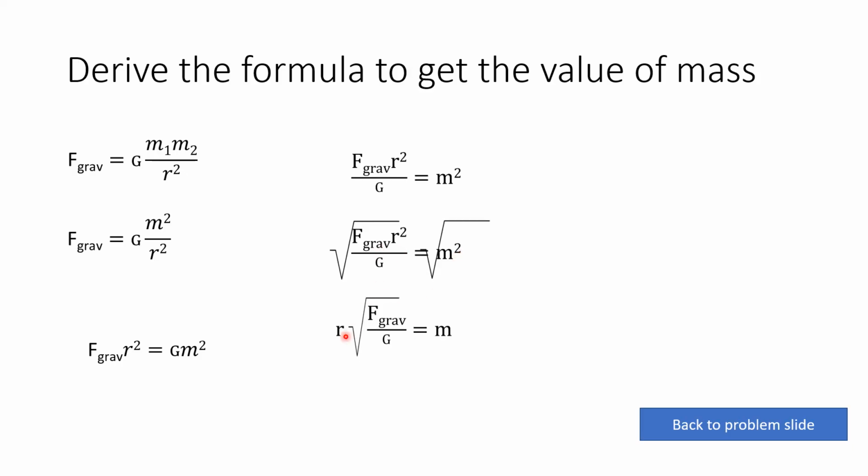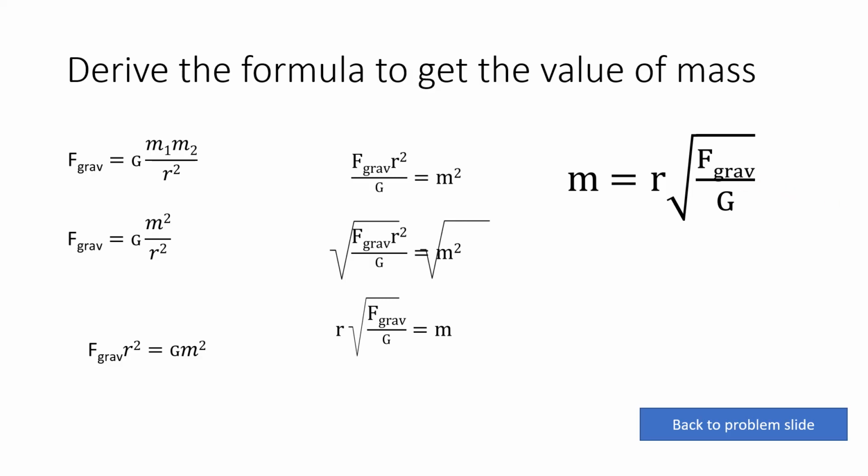The r here, we will bring it out because it is already done. So we take out the r, and we have F_grav over G equal to m. We can cancel the square here. And then the formula will be m is equal to r square root of the force of gravitation over G. So we already have our formula.